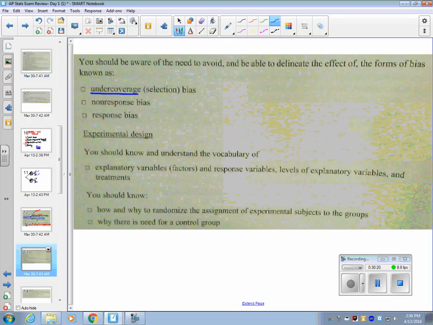If I wanted to ask all students at Stonewall Jackson High School when I went to gym classes, the 11th and 12th graders wouldn't be represented because they don't take gym. Well, unless you're weightlifting, I forget which one it is. But very rare, they would be under coverage because of that. So that's when one or more groups is not represented.